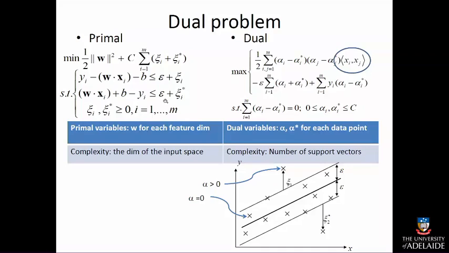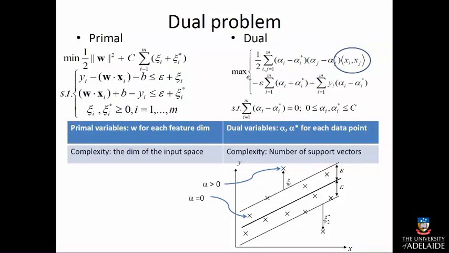So given such a primal problem, we can derive its dual problem. We can get something like this.